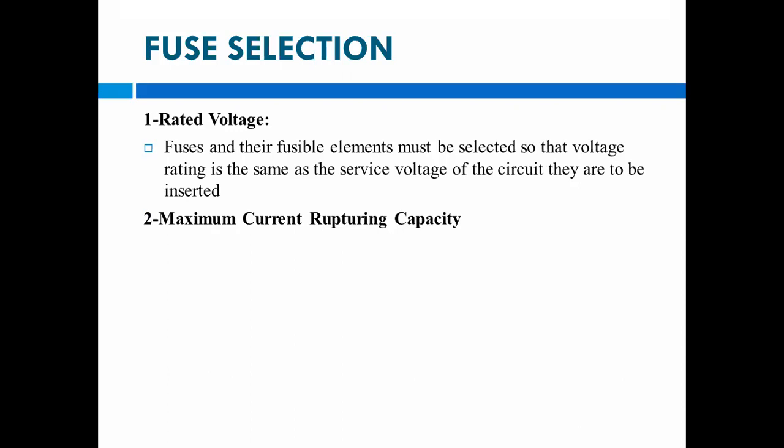So we have to check for that voltage also. And second is maximum current rupturing capacity. Current rupturing capacity means at what current this fuse element starts melting.